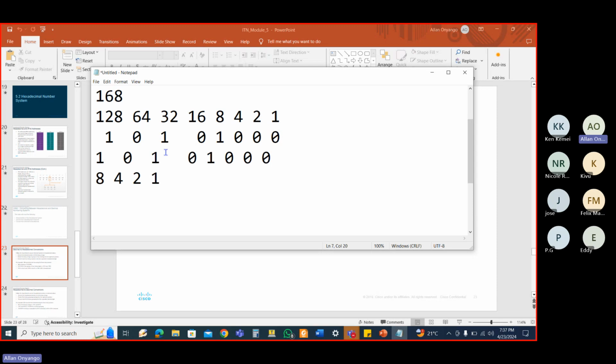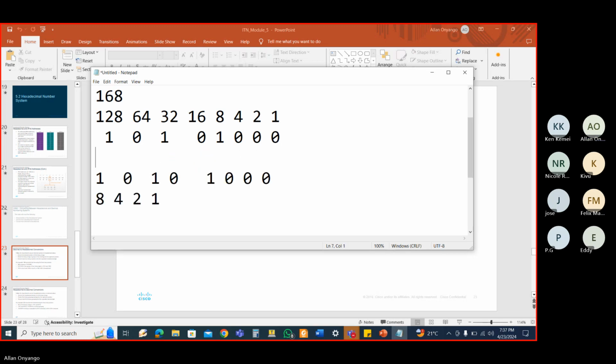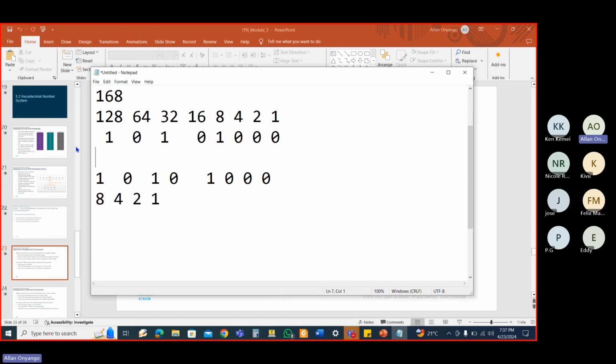The next step is this. Ladies and gentlemen, the next step is as follows. This my notepad works well for me, better than using the whiteboard. So once you've gotten that, the next step is this. Of all the 8 bits, you now separate them into 2 equal parts.